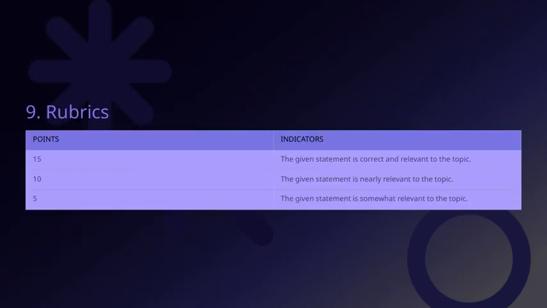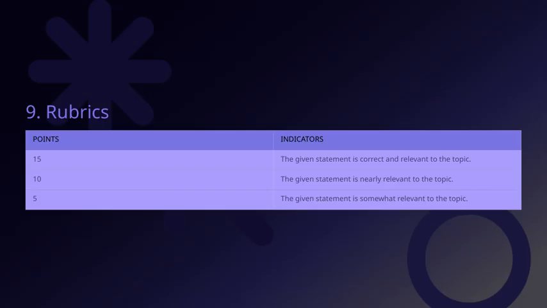Let's take a closer look at this table. You can see that the points are ranked from 15 down to 5, based on how relevant the statements are to the topic. When a statement is marked with a 15, it means it's both correct and highly relevant, so it aligns perfectly with our discussion. A score of 10 indicates that the statement is nearly relevant, so it's close, but not entirely on target.